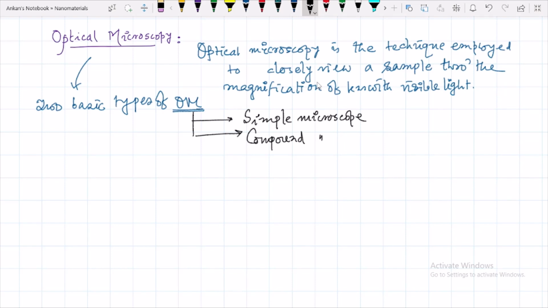In a simple microscope we use a single lens or a series of lenses. Let me draw the principle.